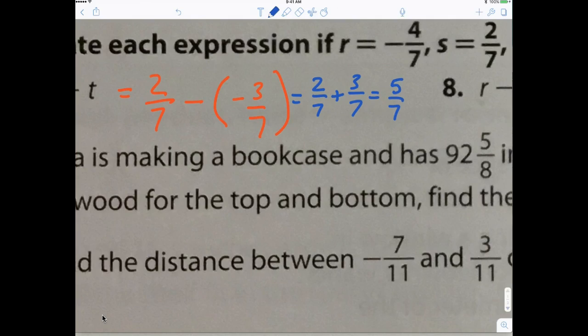I want you to write 2/7 plus 3/7. Those of you who know are in good shape as far as the double negatives go. I don't ever write minus a negative, because there are lots of ways to make mistakes. If you have a double sign, change the double sign right off the bat. That's my opinion.